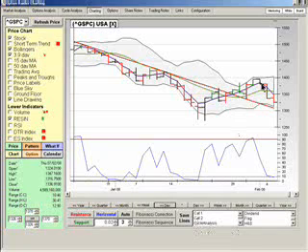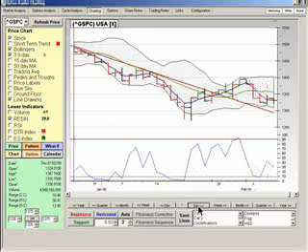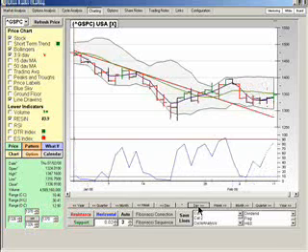So let's have a look at RESIN on the whiteboard. What we'll do is we'll just move ahead a few more days so that you can see that the price has started to rise and RESIN along with it.